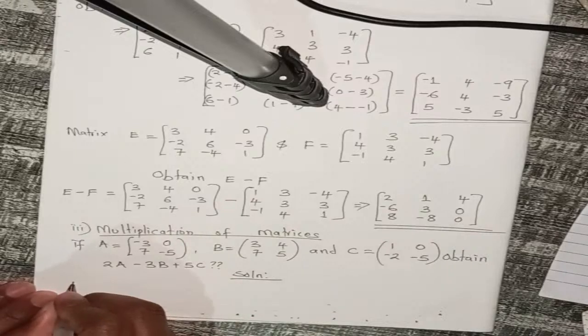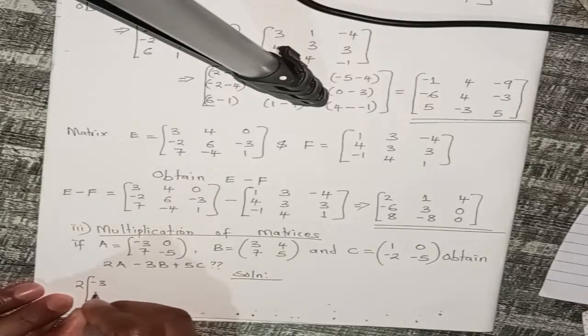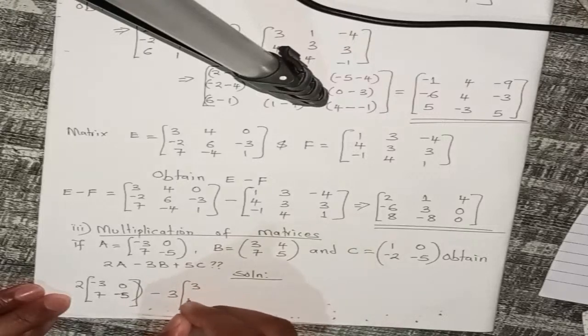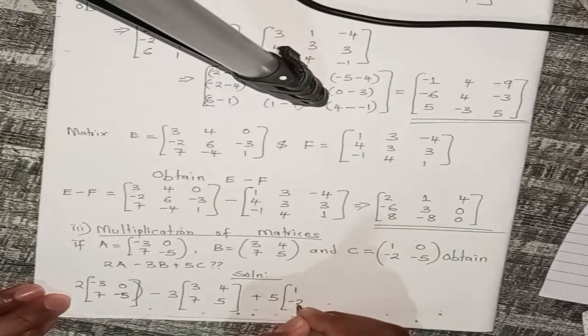First we say this is 2 into the matrix [-3, 7; 0, -5], then you subtract 3 into [3, 7; 4, 5], plus 5 into [1, -2; 0, -5].